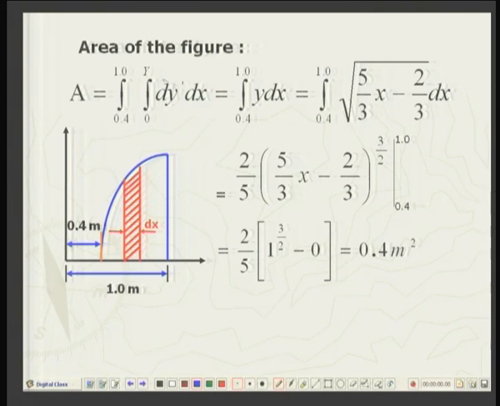So, to make a distinction between the variable and the upper limit, I am using y dash. So, first I integrate the inner integral. This will give me y dash into dx from limits 0 to y, and on substitution I will get y dx from 0.4 to 1.